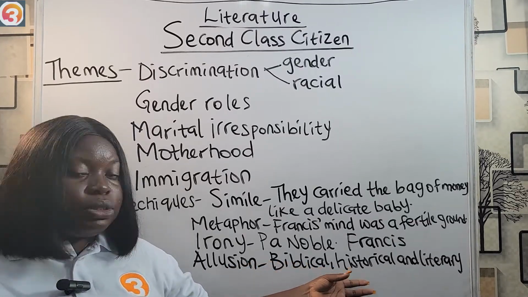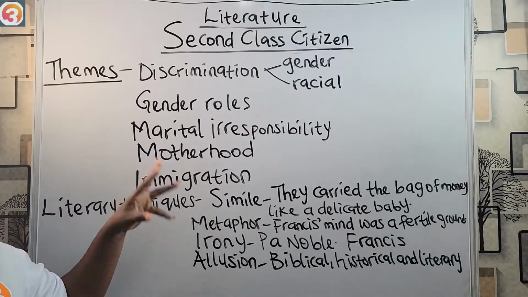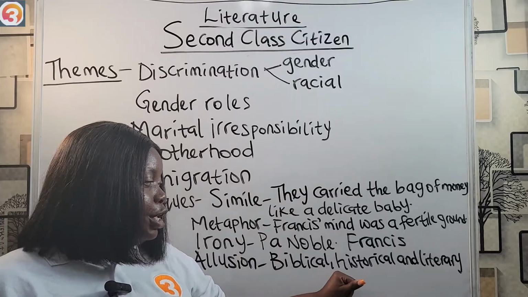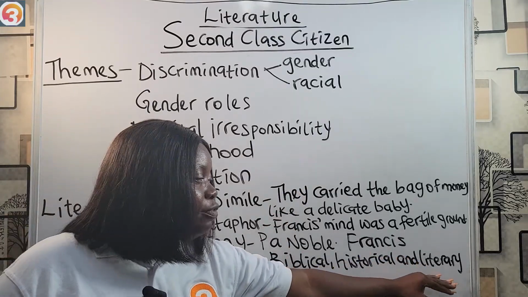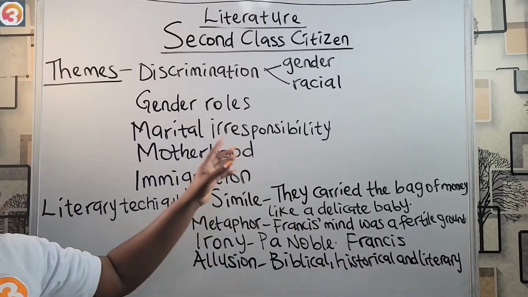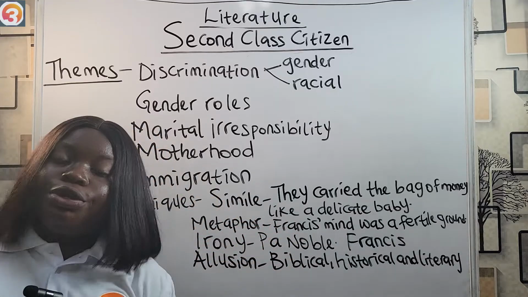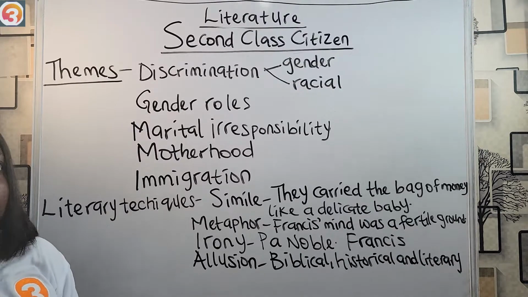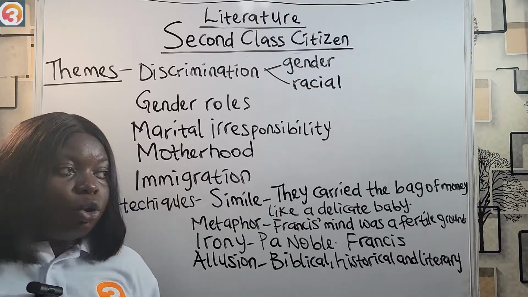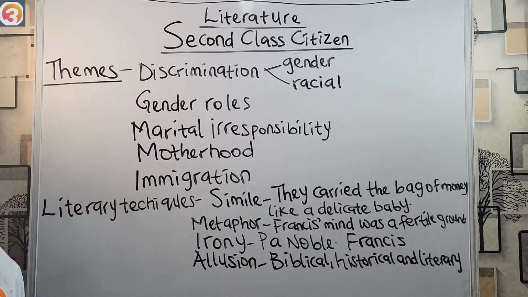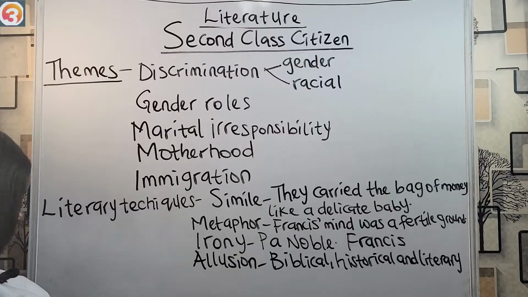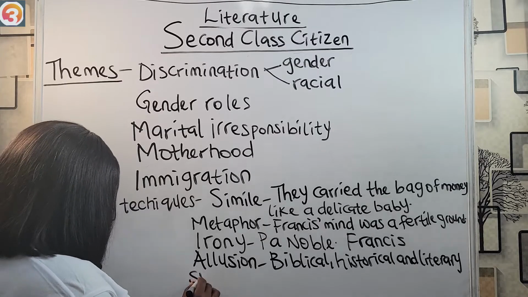Then historical, we see references made to past events, especially in Igbo land where Ada is from, and even literary. We see the author Buchi mentioning other art, other literary works, especially when she was talking about her mentor and an author she would really like to emulate. We see all of these allusions in the book. Then there's symbolism, foreshadowing.